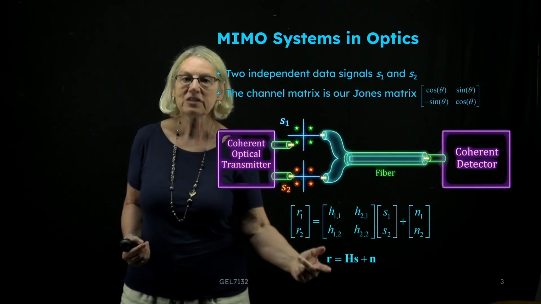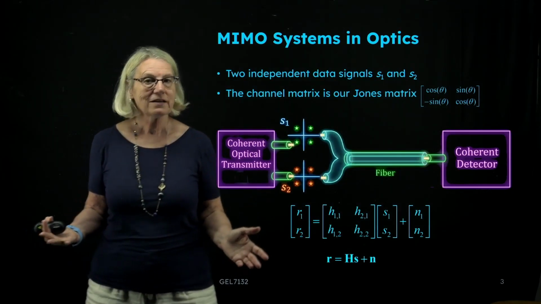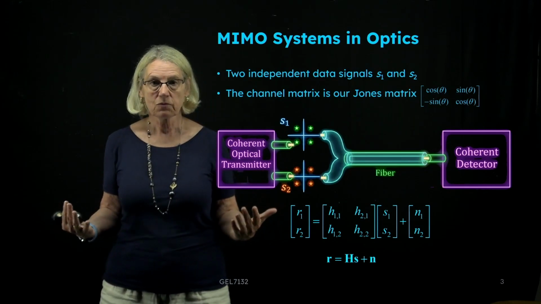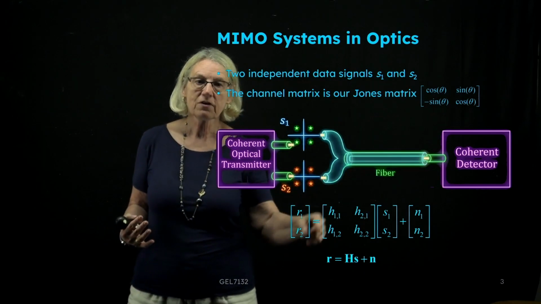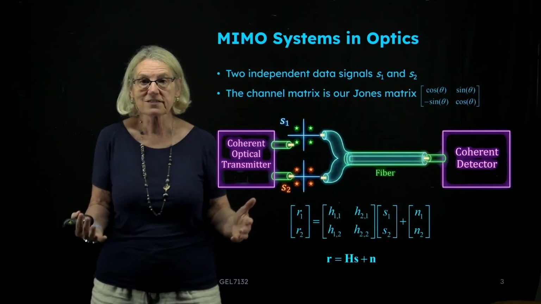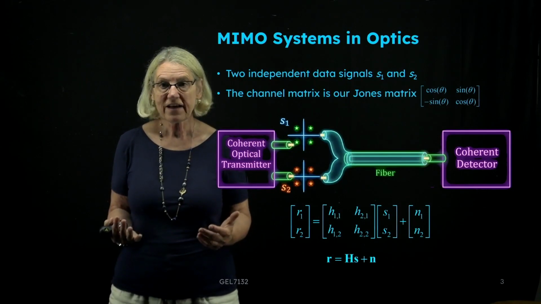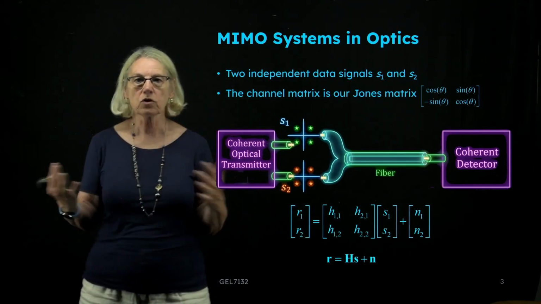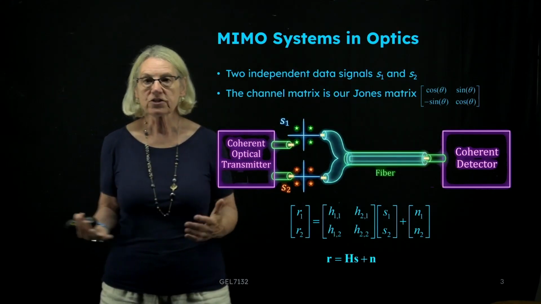It could be just the Jones matrix, but we can think of it as being a more practical system where there's propagation in the fiber, which is causing this Jones matrix, but there could be other effects as well, bandwidth limited effects, that could all be grouped together into a total overall channel matrix.